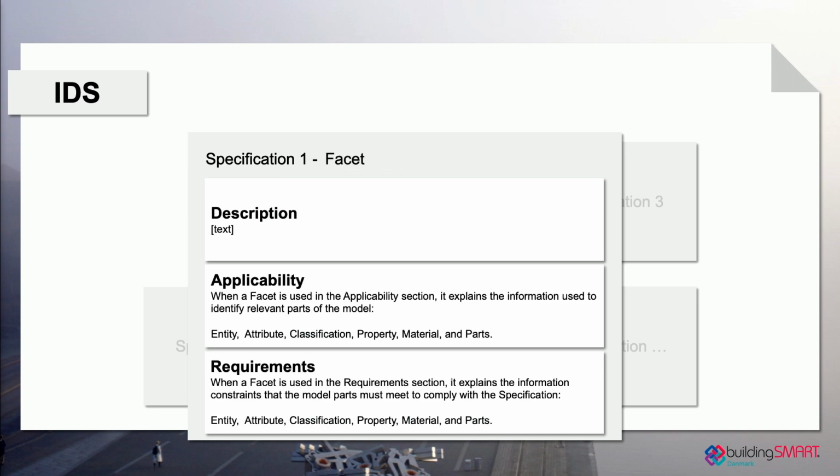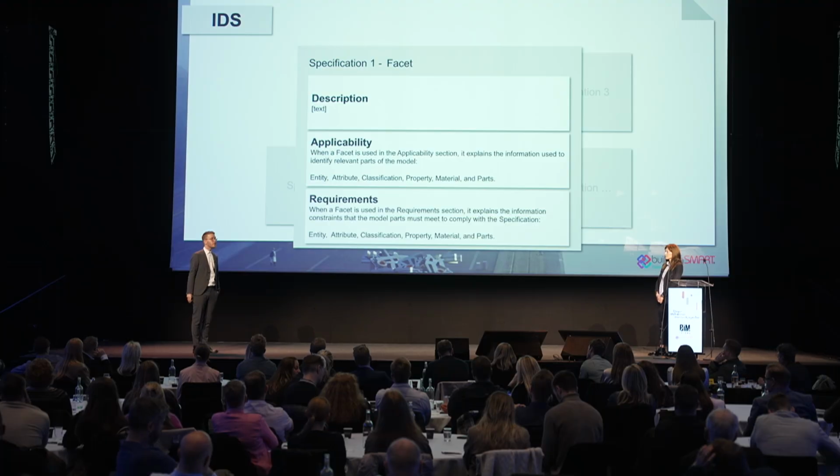The description, as said before, is free to use. But when we talk about applicability and requirement, we rely on 6 different facets, which we use to standardize our requirements. And this is where we make the connection to IFC.